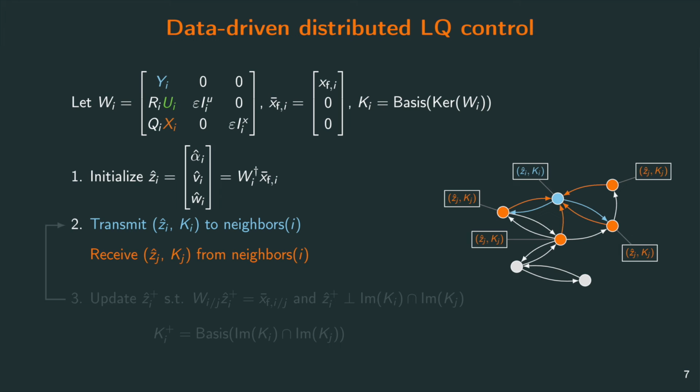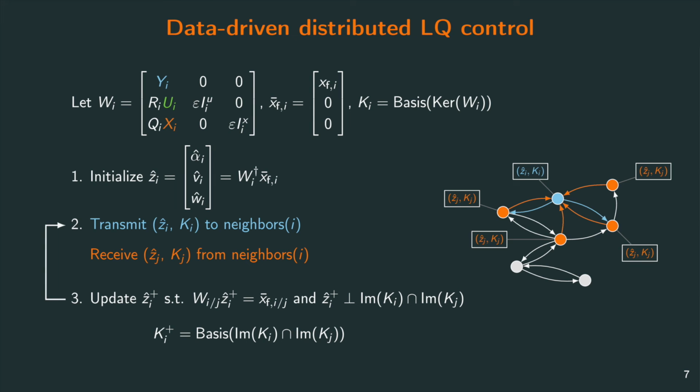Also, we share our current value of Z hat, and we receive matrix K and Z hat from the neighboring agents of I. I want to stress again that sensible data, such as the state evolution and the desired final state, is not shared among the agents, and the data collected during the experiments is in fact kept private. Yet, in step 3, we update Z hat with the information coming from neighboring agents, and the update law that we design allows us to find a vector Z hat which not only solves the problem for subsystem I, but also for all of its neighbors.